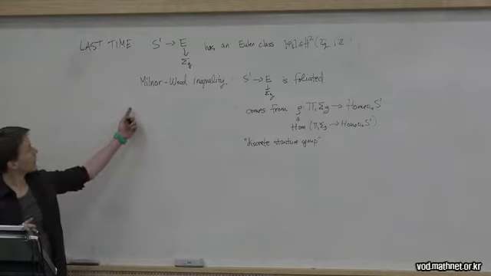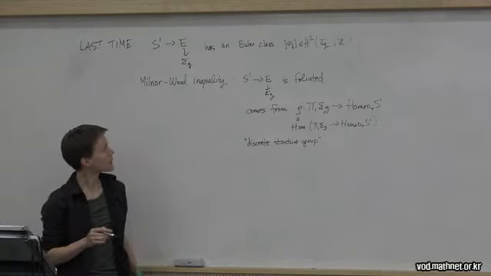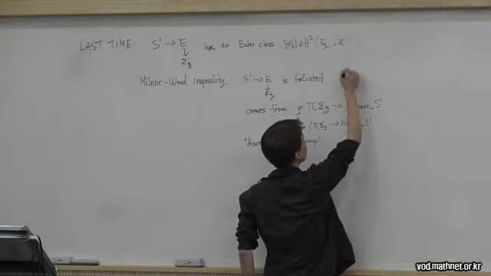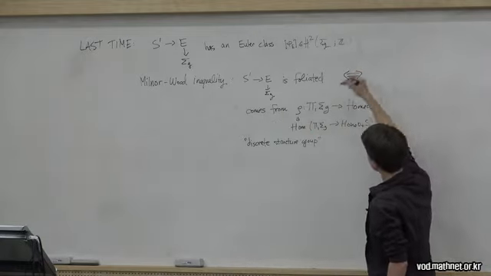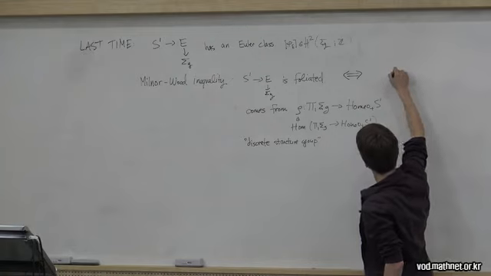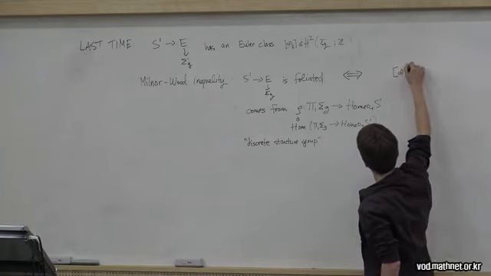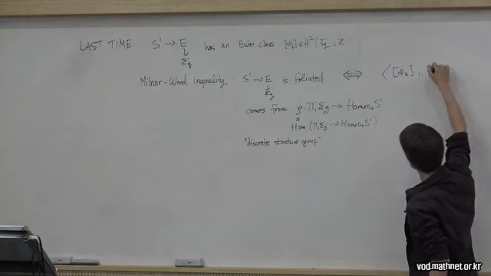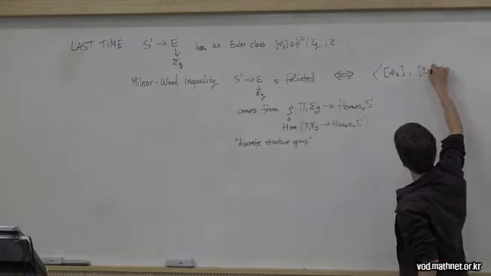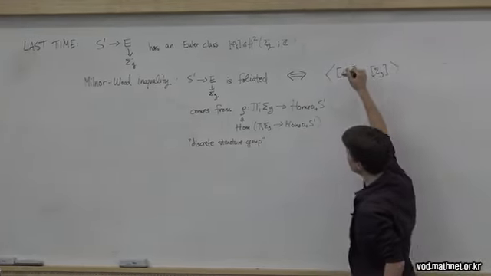The Milnor-Wood inequality says that you come from this kind of construction if and only if you take your Euler class and you pair it with the fundamental class of the surface, that should give you some number.